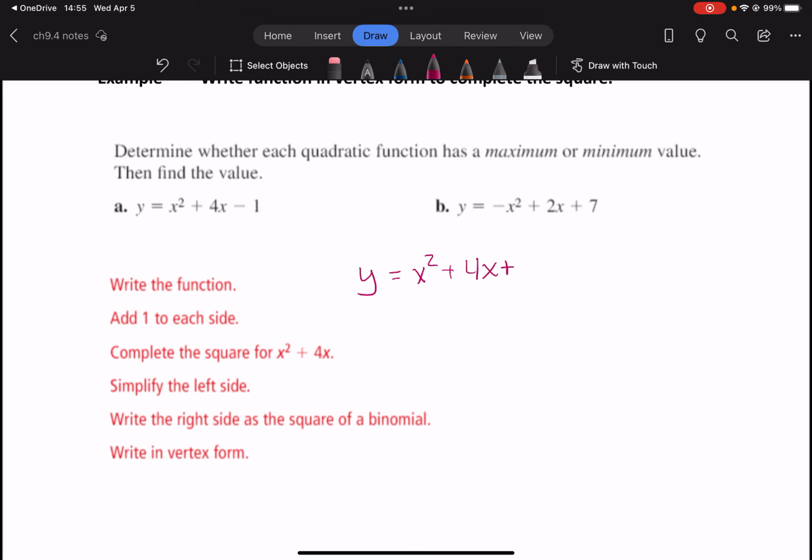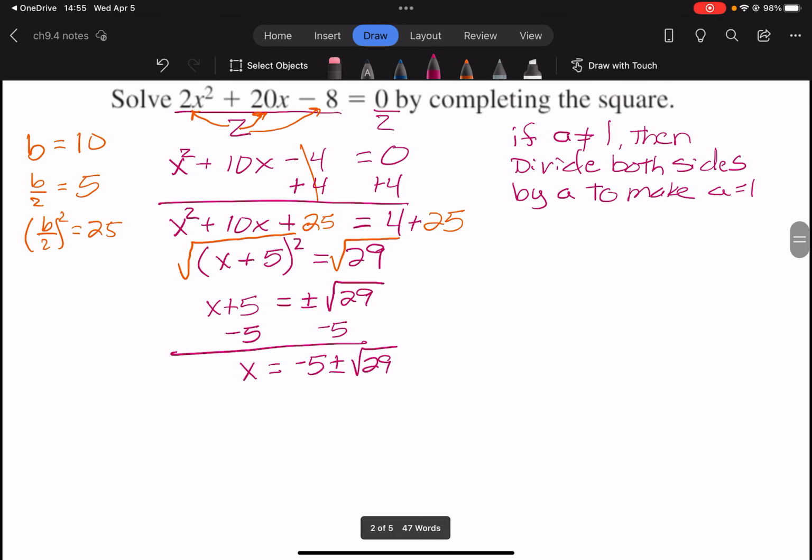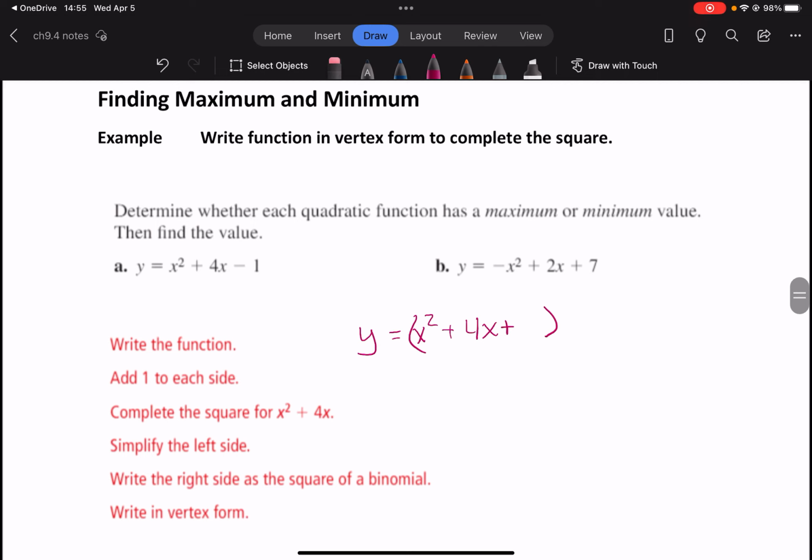I'm going to put a plus, with parentheses around the first part there. Because remember, I want to make this x squared plus 4x look like the left up here where I got the x squared plus 10x. And so we have the spot here. I've got minus 1. And whatever I'm going to add here, I'm also going to subtract.